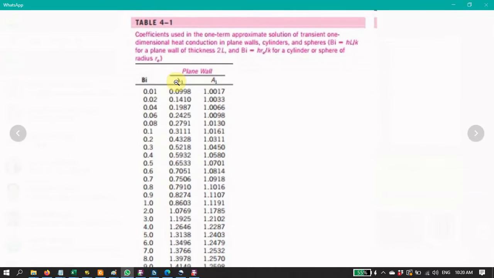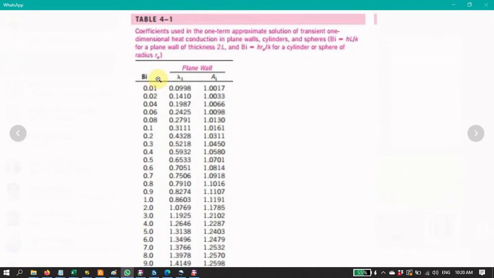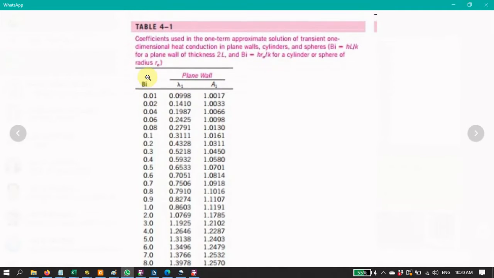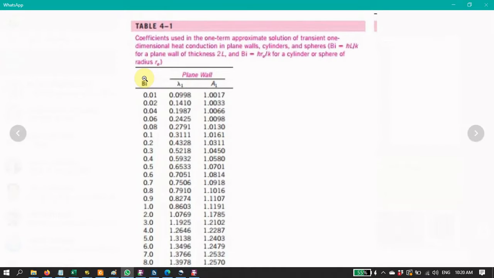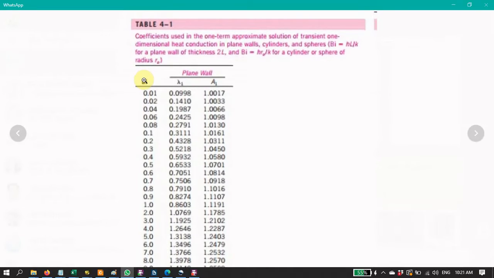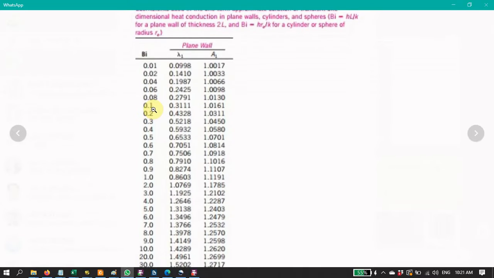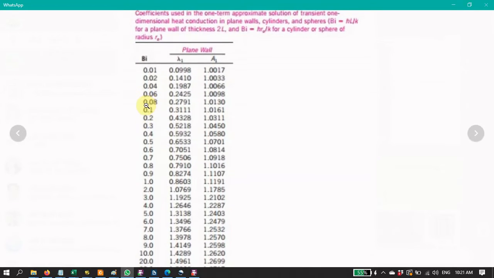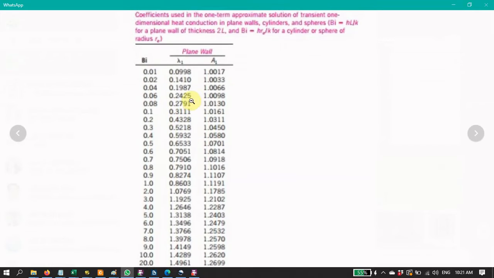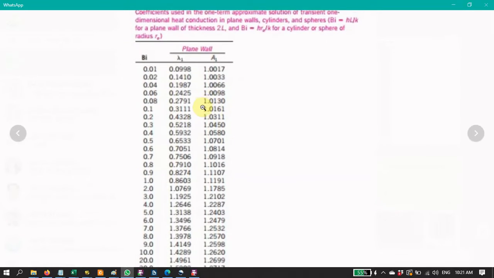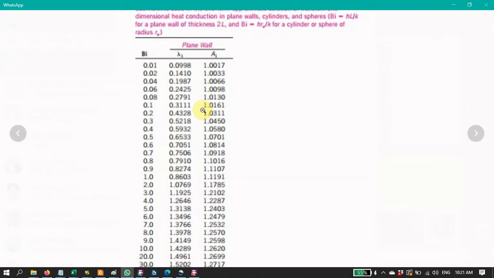So if you know the value of the Biot number with half of the thickness of the large plane wall, then you can determine the values of lambda 1 and A1 and use them to calculate the dimensionless temperature, right? Let's say you have a Biot number of 0.1, which is the criterion for a lumped system. The value of lambda 1 will be 0.311 and the constant A1 will be 1.0161.